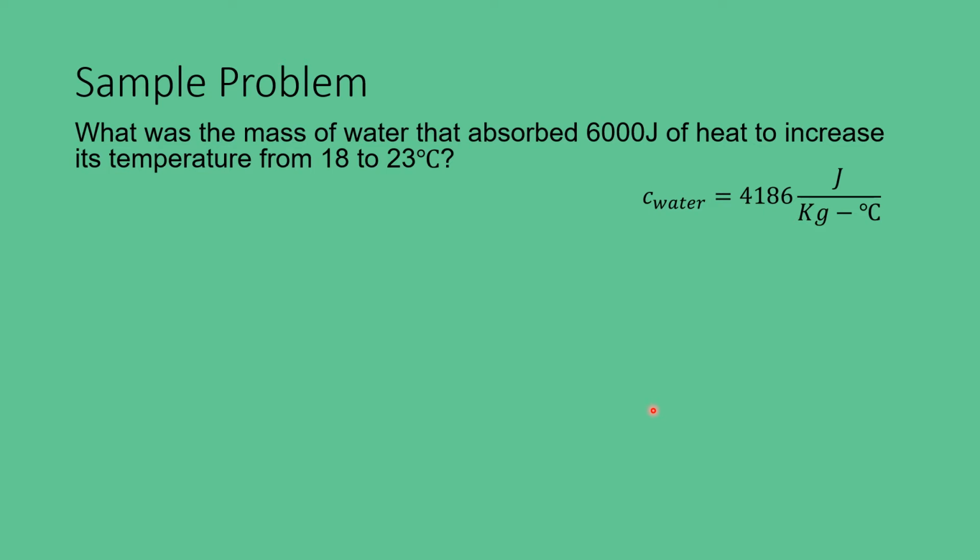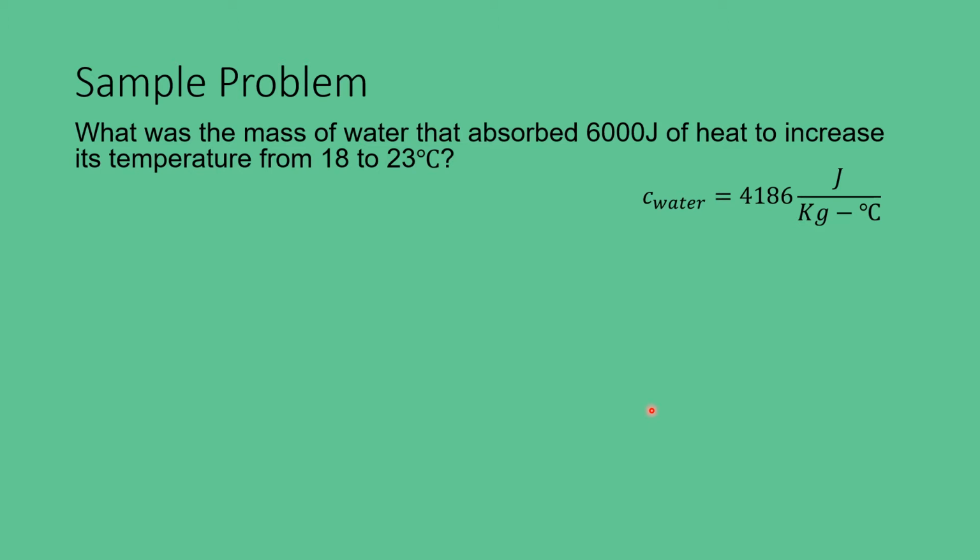Another problem involving specific heat and change in temperature of a substance will be this one. What was the mass of water that absorbed 6,000 joules of heat to increase its temperature from 18 to 23 degrees Celsius? The specific heat of water at this temperature is 4,186 joules per kilogram degree Celsius.